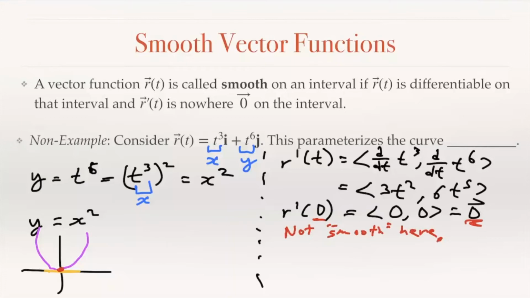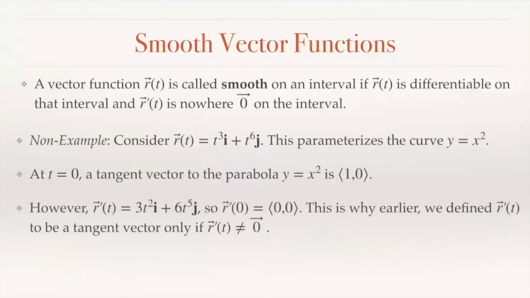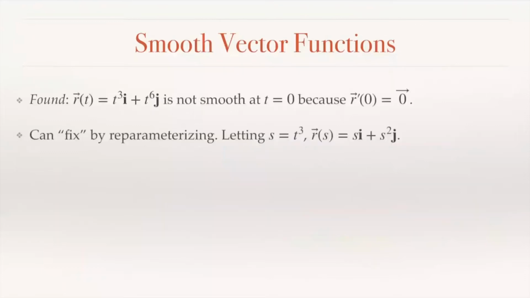So the point of this example is to illustrate that even if the curve may have a tangent vector, r prime of t may not meaningfully give it. However, a reparameterization would, and we can, quote, fix it by reparameterizing.